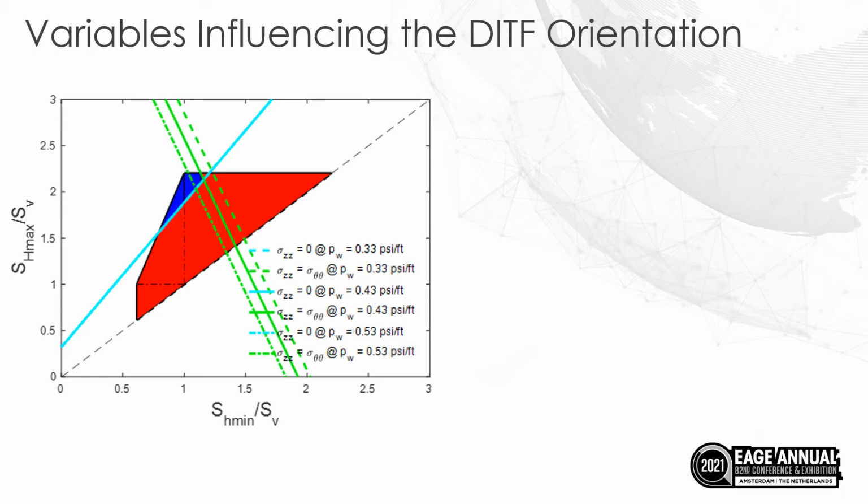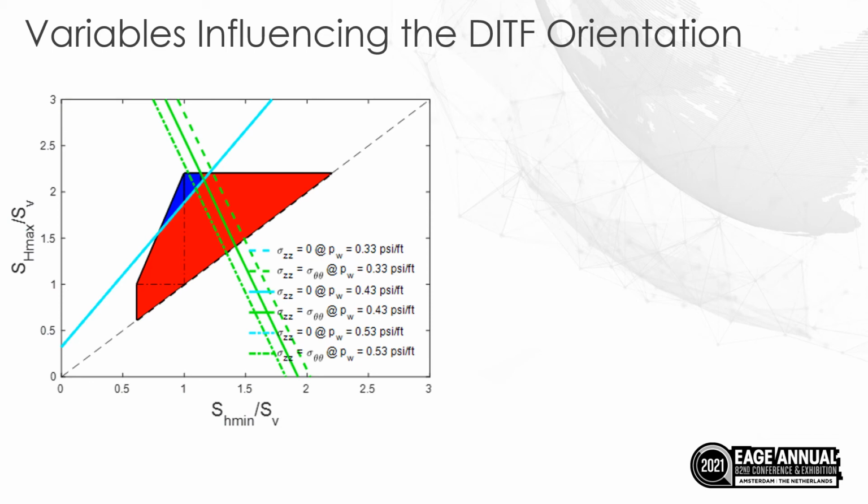The size of those regions is dependent on various geomechanic and drilling parameters. For instance, one of them is wellbore pressure. As wellbore pressure increases, as we see here, from 0.33 psi per foot, which is indicated with the dotted line, to 0.53 psi per foot, which is indicated with the dashed dotted line, the blue region decreases.